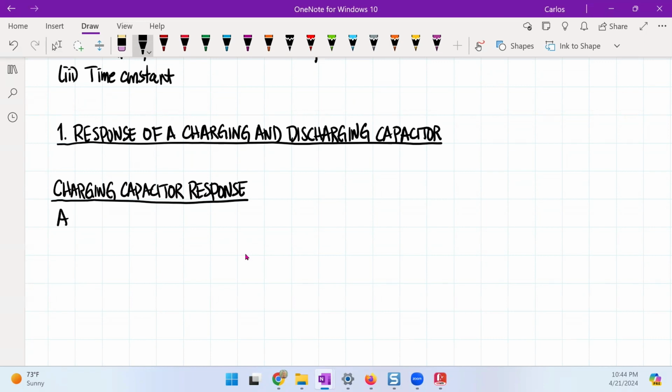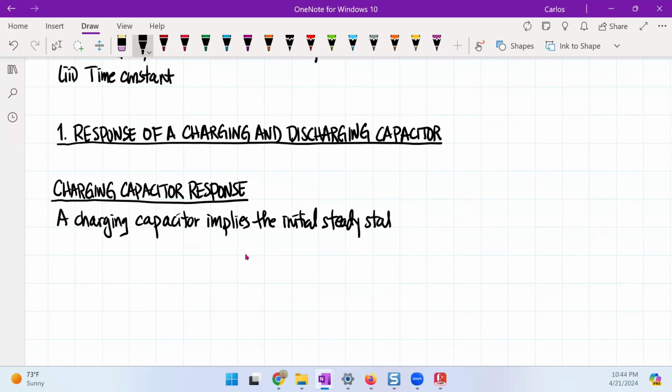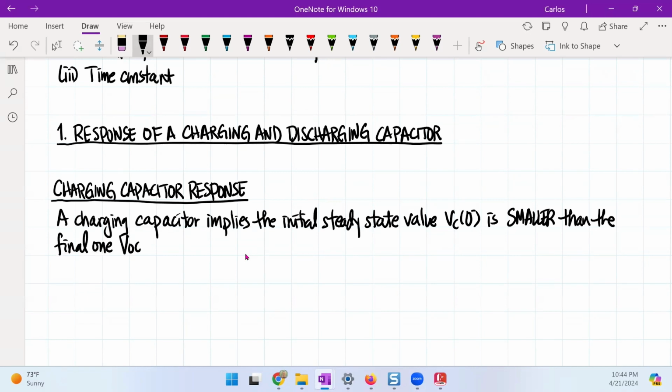A charging capacitor implies the initial steady state value Vc of 0 minus is smaller than the final one, VOC.